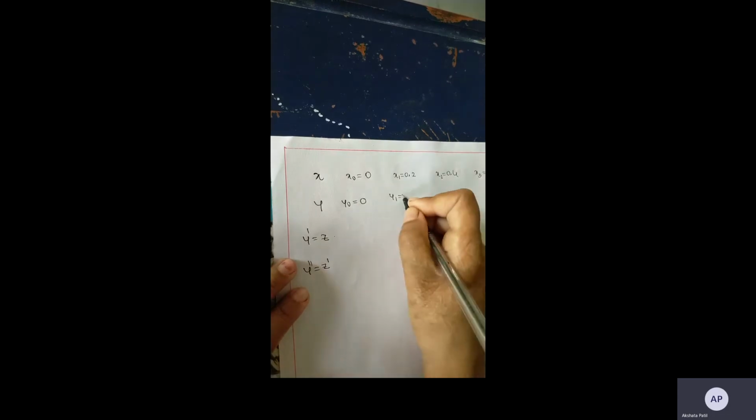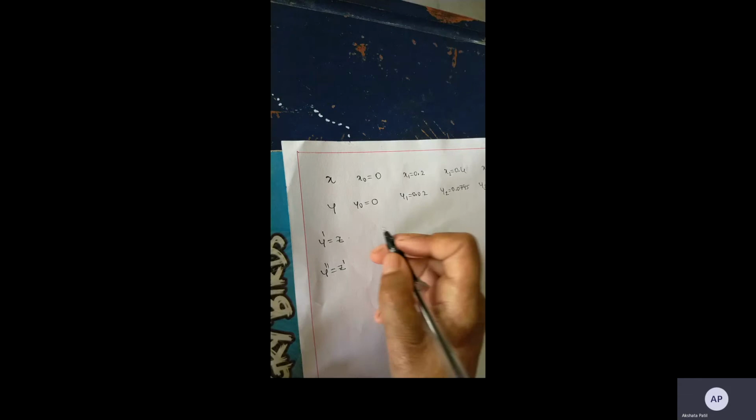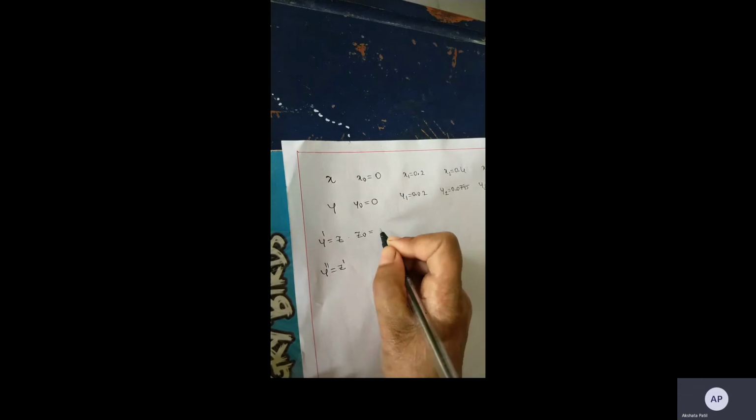And y0 value they have given 0, y1 value is 0.02, y2 value is 0.0795 and y3 value is 0.1762.